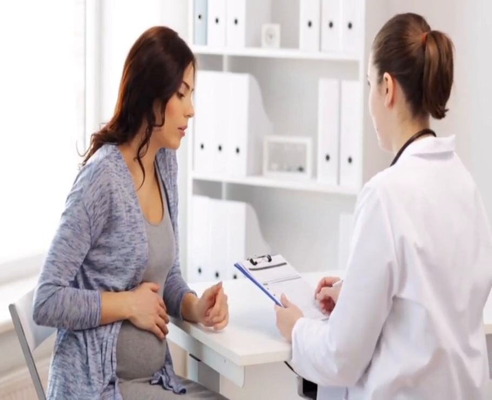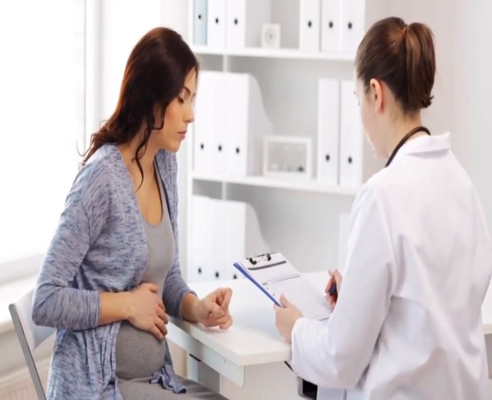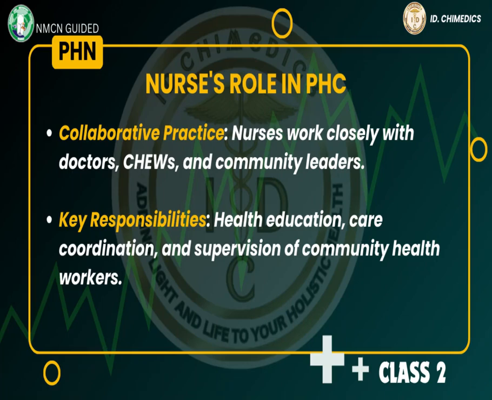Number 3, which is the last responsibility, is called supervision. You have to oversee the work of the community health workers and support these staff to maintain high standards of care.